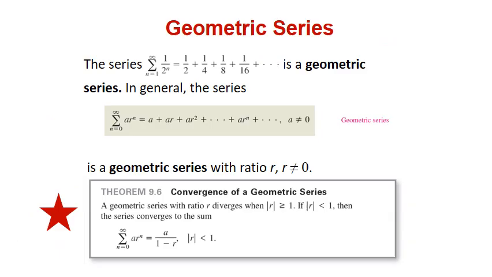Here I'm going to introduce you to the first type of series that is quite common, and it's a geometric series. And in general, the series looks like this here. And basically, we're just adding a little bit to the function that we're working with. So this R is referred to as a ratio or a common ratio.